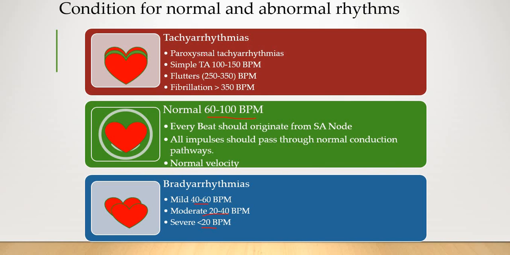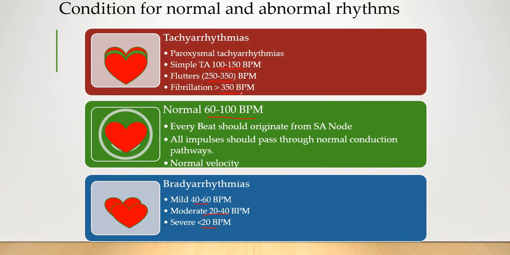In case of tachyarrhythmia, there are some paroxysmal tachyarrhythmias which are usually auto-reversed, but in case of simple tachyarrhythmia, this is from 101 to 150 beats per minute. In case of flutters, whether atrial flutters or ventricular flutters, flutters are usually common in the atria, and this is 250 to 350 beats per minute.